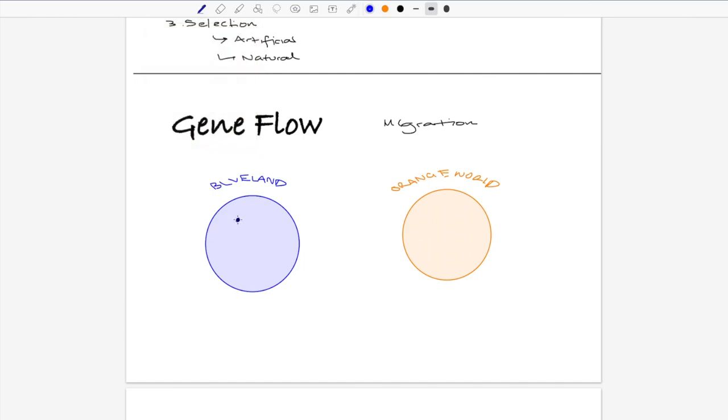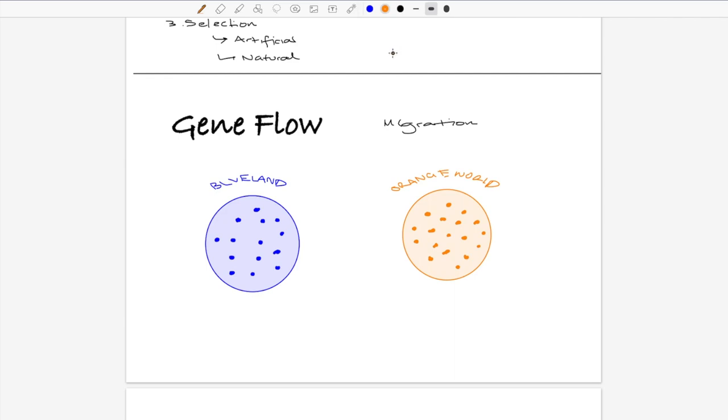And so technically what we're looking for is a change in allele frequencies, which actually comes down to counting each of the alleles in the genotypes. But for the simplicity of the video, we'll just be counting people based on their phenotype, but keep in mind, technically you want to be looking at allele frequencies, not necessarily phenotypic frequencies.